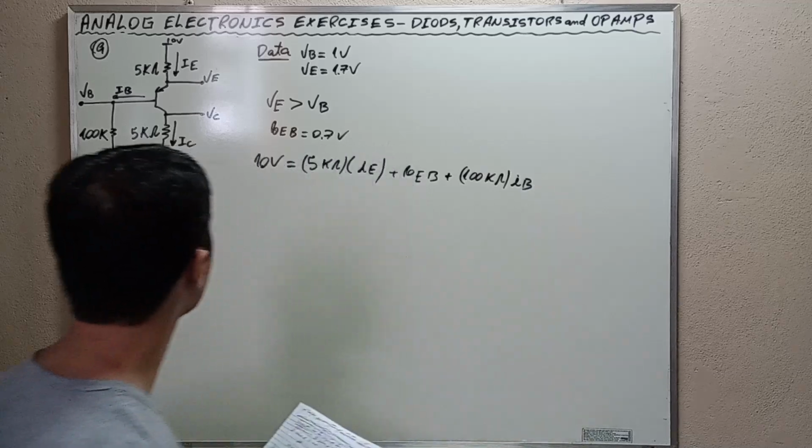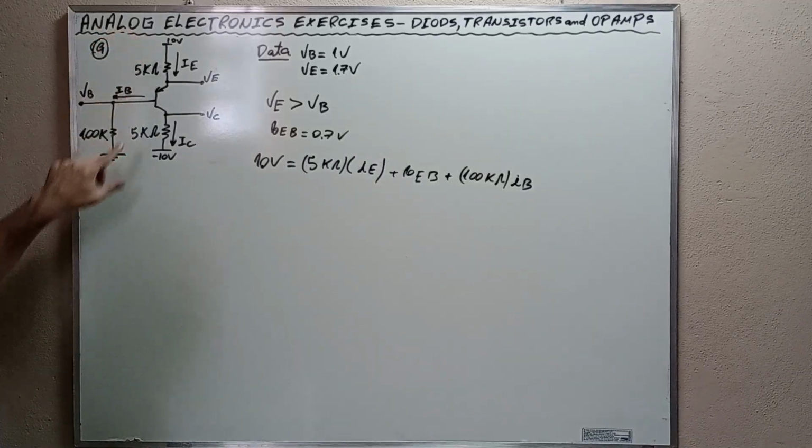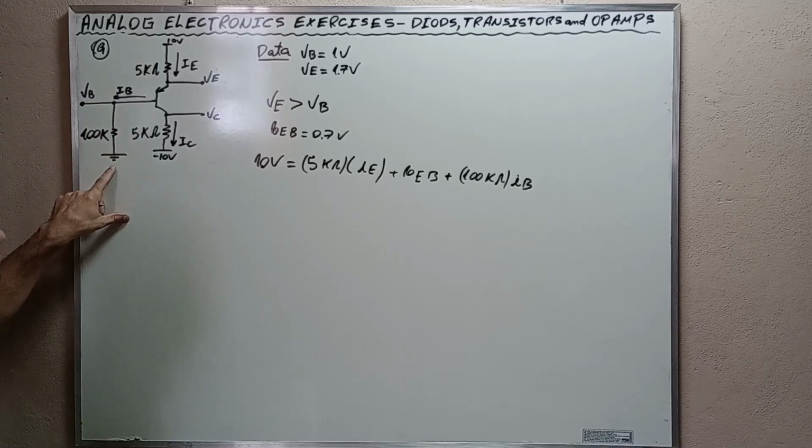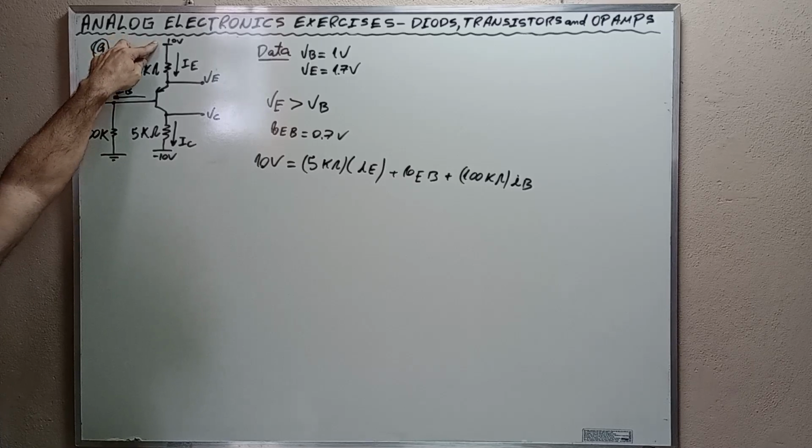All right, the voltage from here to here, okay, this is ground, 0 volts, and this is the supply, 10 volts.